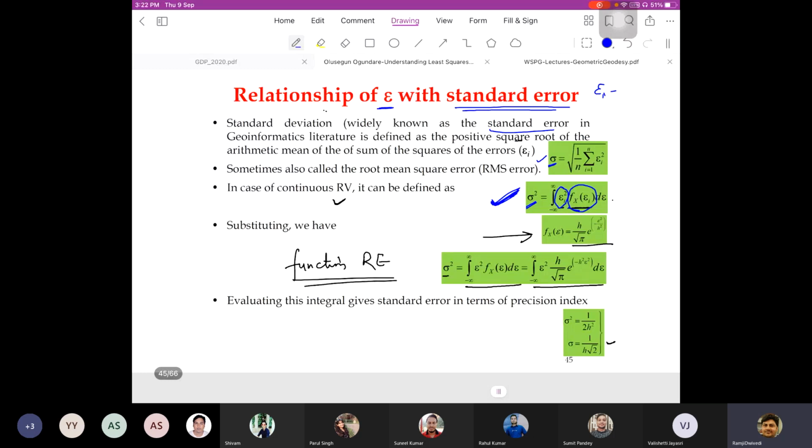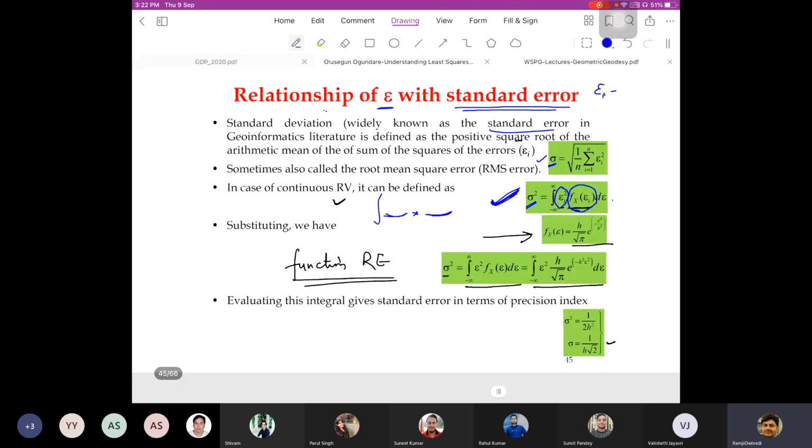What we are trying to understand is that we are writing the error variance as nothing but the integral of the sum of square terms multiplied by the probability distribution. This is a very important point, that is how you represent the variance in terms of your probability distribution.